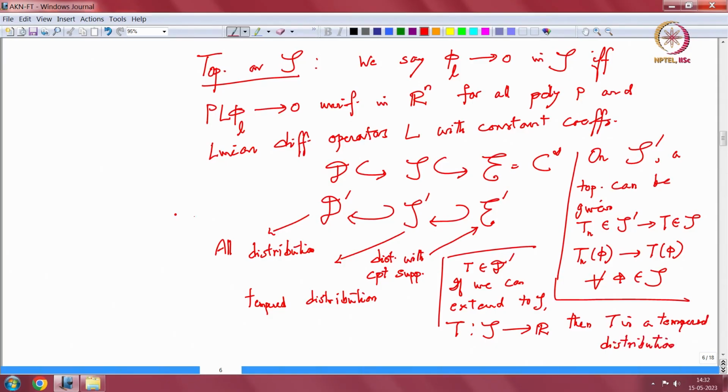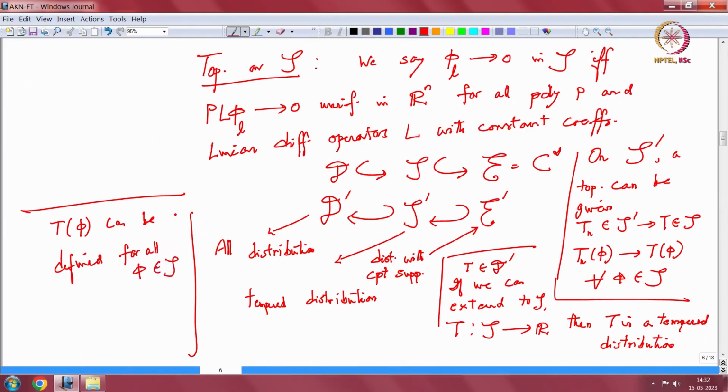So, tempered distributions basically means T of phi can be defined for all phi in S. Distributions with compact support are also tempered, because if a distribution has compact support, it is already extended to E. In particular, there is an extension to S. So, every distribution with compact support is tempered.